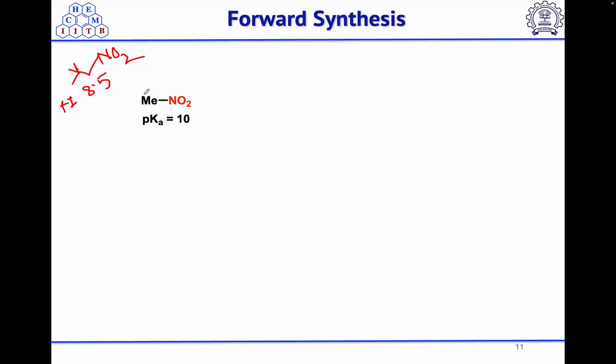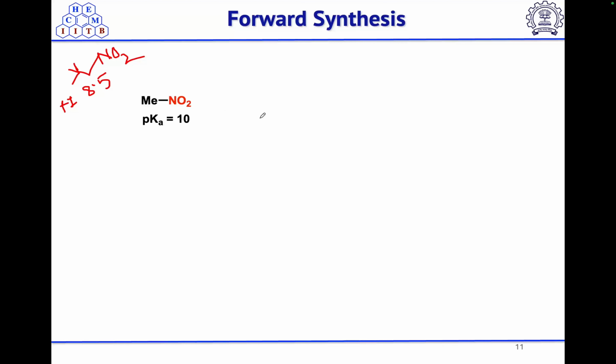So to abstract the proton from nitromethane, you have to use a base whose pK value is more than this. Okay, pK value of base means we are thinking of the pK value of their conjugate acids.